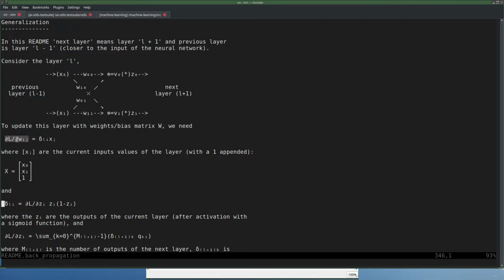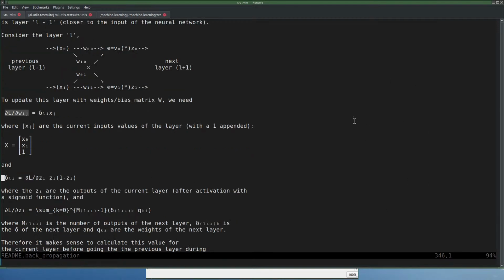In the end, of course, let's say if you have 3 layers, you do first the last layer, and then you go to the middle layer. Then also for the layer in the middle, you want to minimize the loss function. So we need to calculate the influence of the weights of the current layer, which does not need to be the last layer, on the actual output.